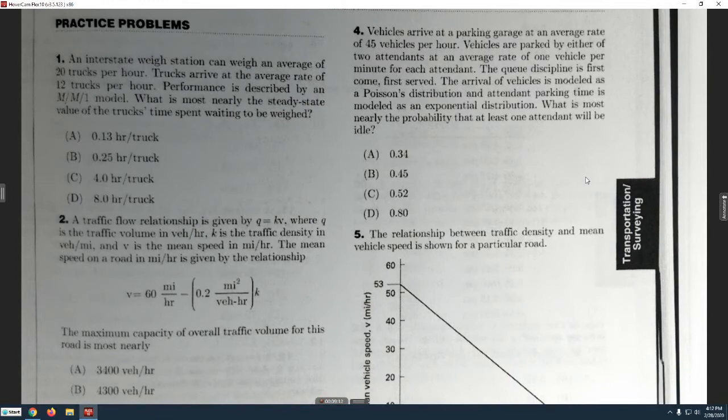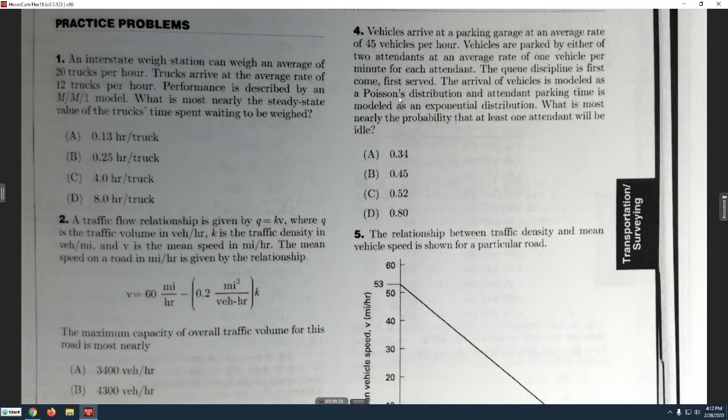Another key thing is you also want to make sure the units are consistent. So 45 divided by 60, convert that to an arrival rate per minute, 0.75. And then rho, the service ratio, is 0.75 divided by 2 times 1, because the 1 comes from the attendant having an average rate of 1 vehicle per minute.